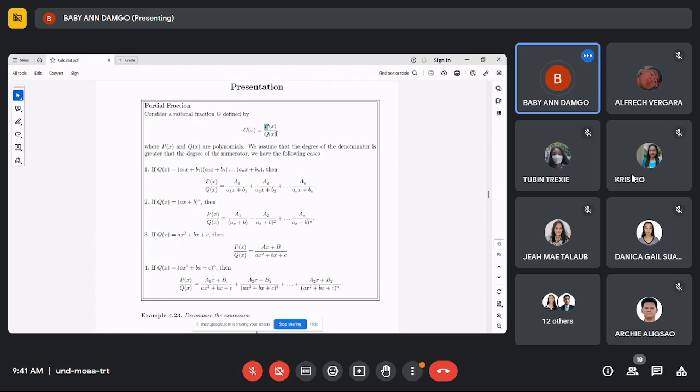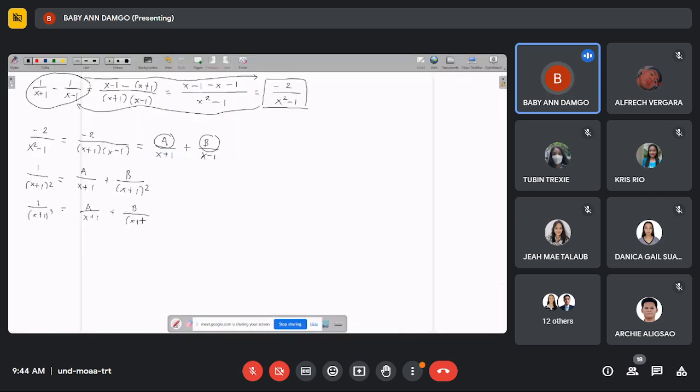Okay, so what if this is cubed? So we have 1 over x plus 1 cubed. So magpuno ra ta og x plus 1 cubed. So we have a over x plus 1 plus b over x plus 1 squared plus c over x plus 1 cubed.